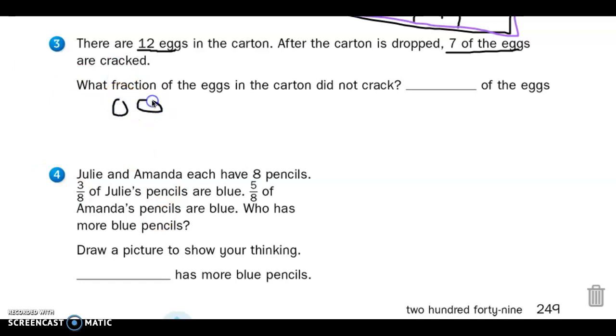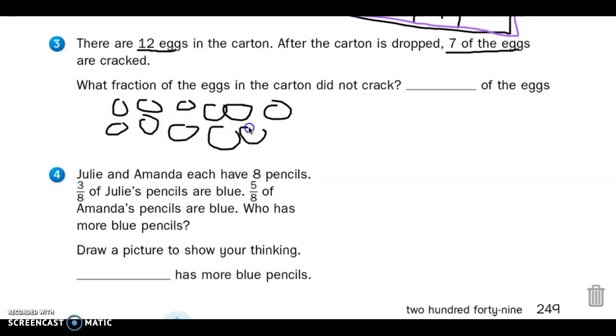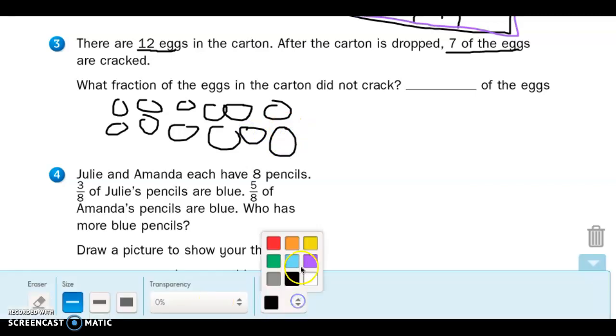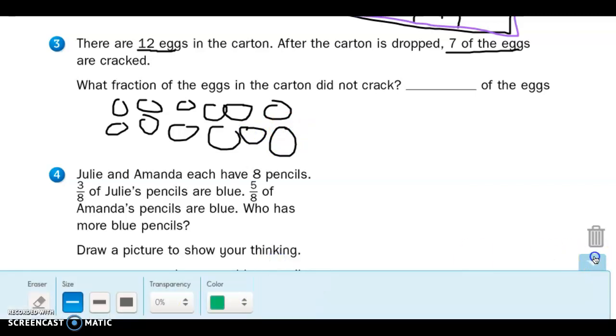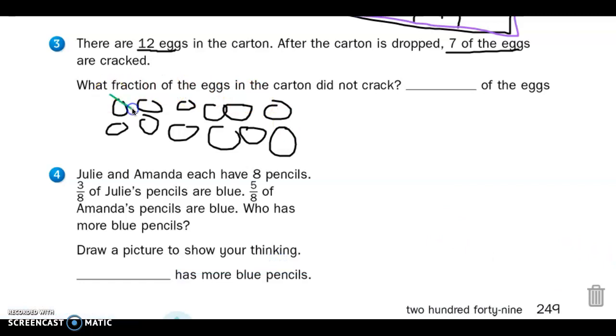Maybe I do circles. 2, 3, 4, 5, 6, and then I'll double that because 6 plus 6 is 12. Okay, maybe you're drawing this down too if it's going to help you. And we are like, oh no, 1, 2, 3, 4, 5, 6, 7 out of the 12 eggs cracked.